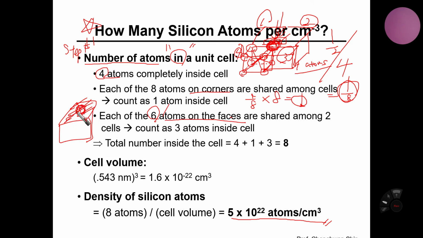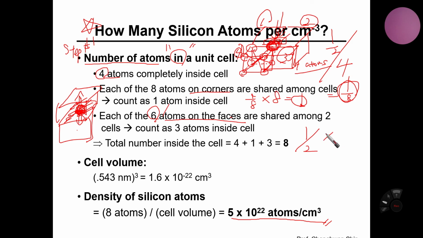But only half of it, right? Half of it is included in this unit cell. The other half would be included in another unit cell, which would be placed on top of the unit cell that we are thinking of. So a single atom is not fully included in a cell. Only half of it is included in a unit cell.